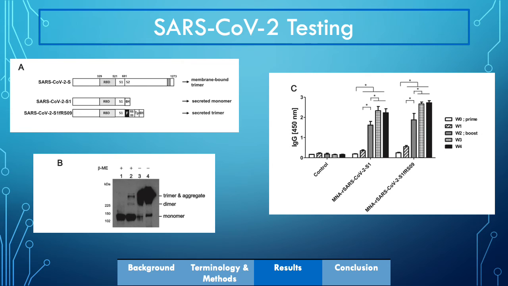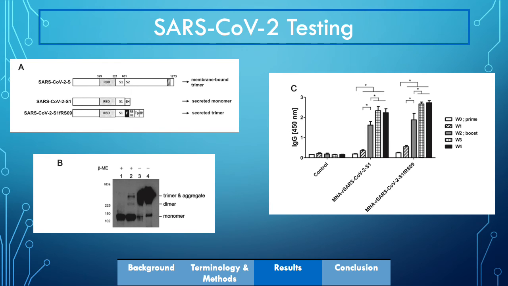And they took a SARS-CoV-2 S1, which was just going to be the secreted monomer. And then they also constructed a SARS-CoV-2 S1 with a trimer form of that as well. So that's essentially what the construction of the gene looks like.